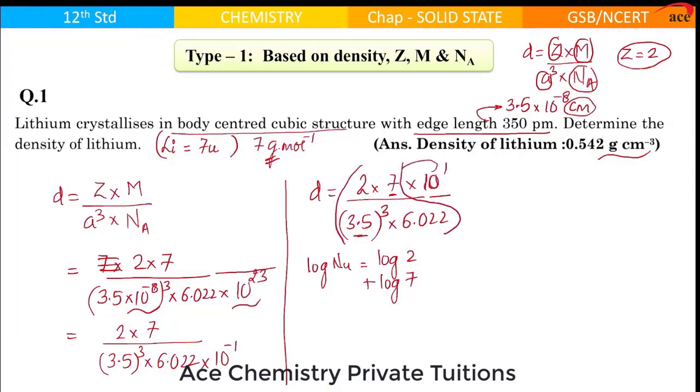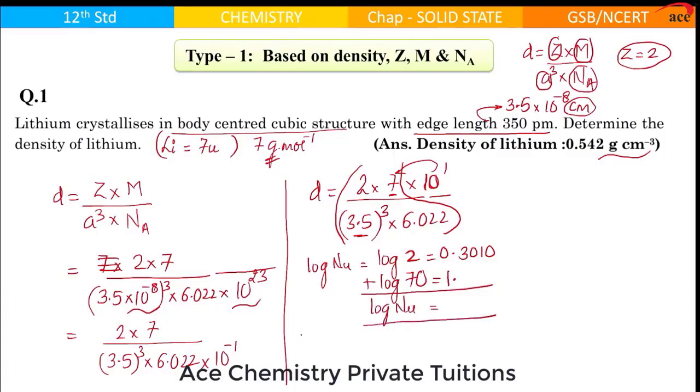If you want the 10 also to be included, then make it 70. What is the characteristic of 2? 0. And what is the characteristic of 70? 1. Then you are supposed to see the logbook. From the logbook, the remaining values can be calculated. This will give you the log of the numerator.